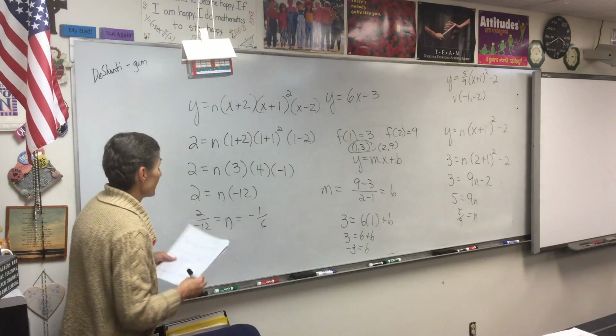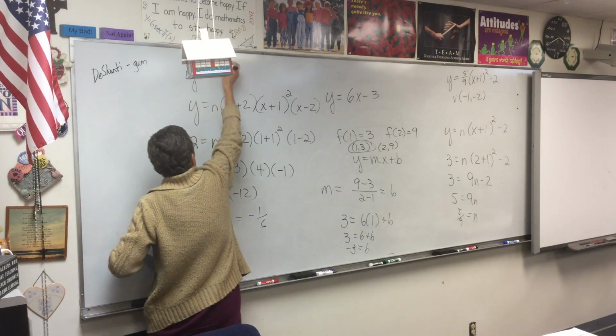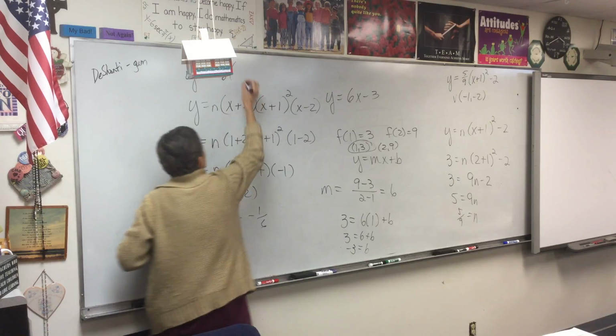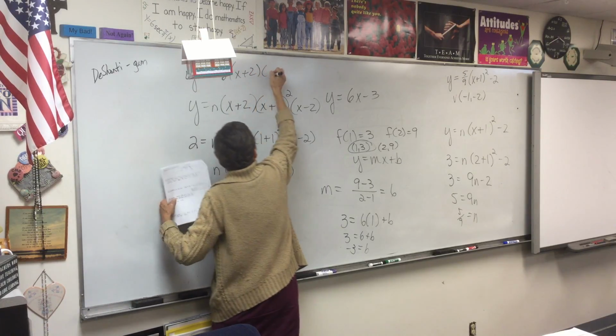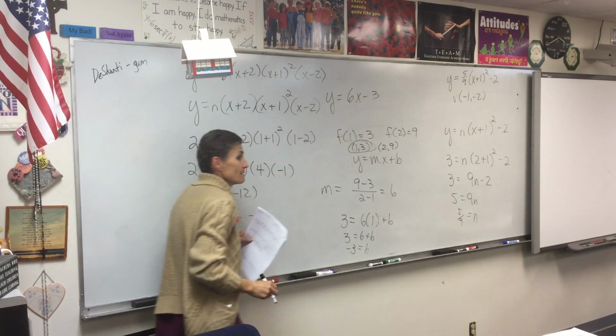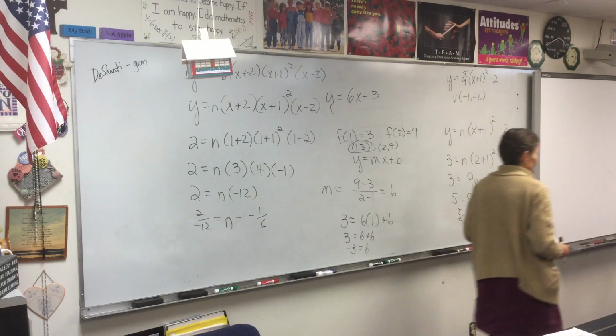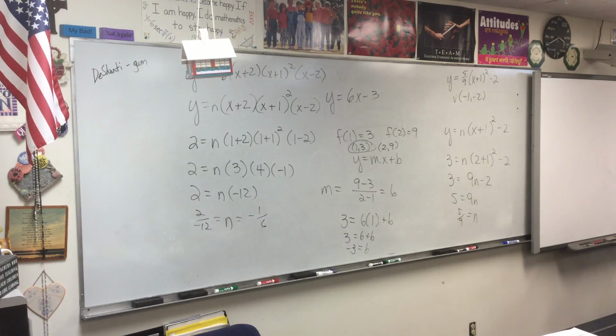And again, remember, you haven't written the answer yet. So y equals negative 1/6 times (x plus 2)(x plus 1) squared (x minus 2). Does it make sense that that number came out negative? Look at the picture.